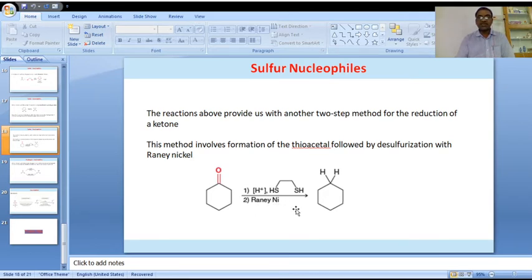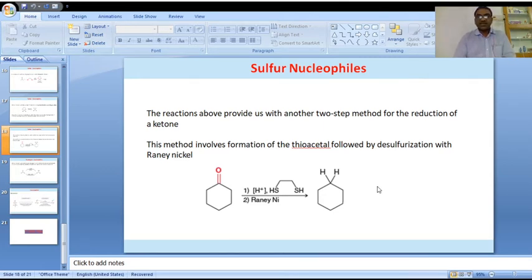Those hydrogen atoms replace the sulfur atoms of the cyclic thioacetal. It is converted to a normal alkane. The cyclic thioacetal ring is removed from the reaction and converted to normal CH2. It is a normal cycloalkane, cyclohexane. Cyclohexane is formed in this reaction.